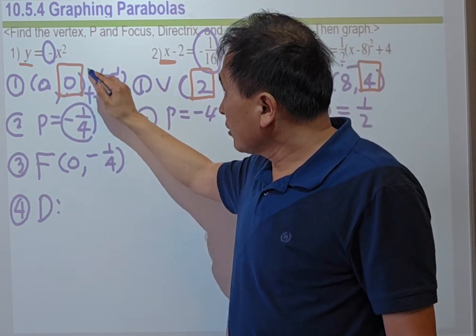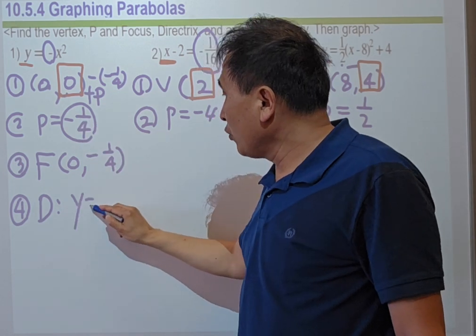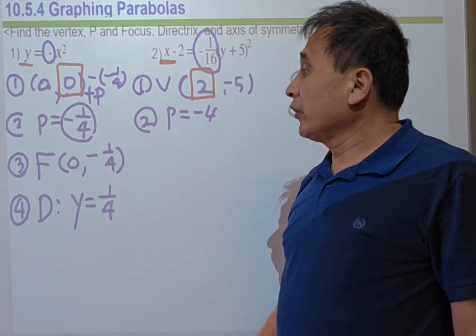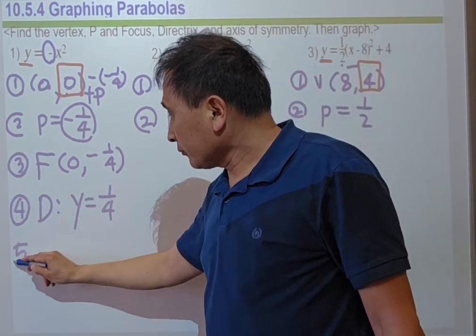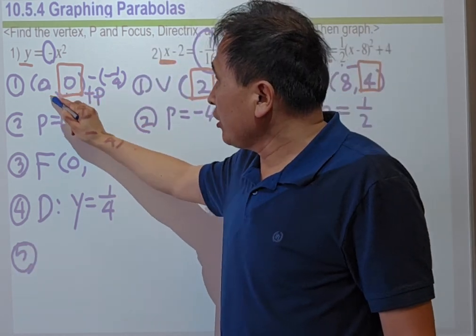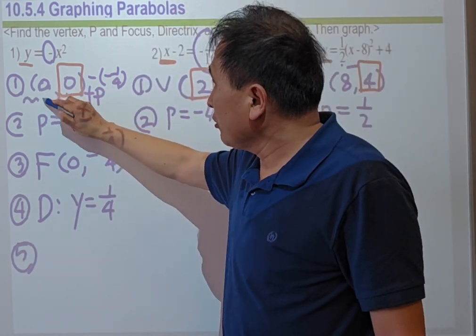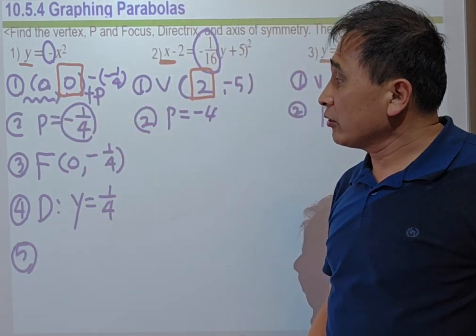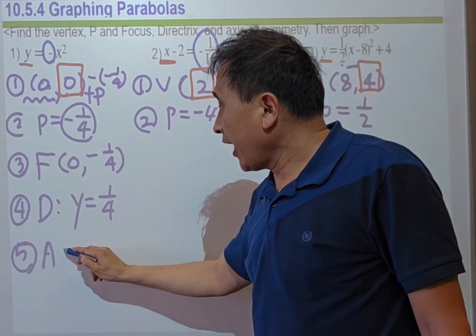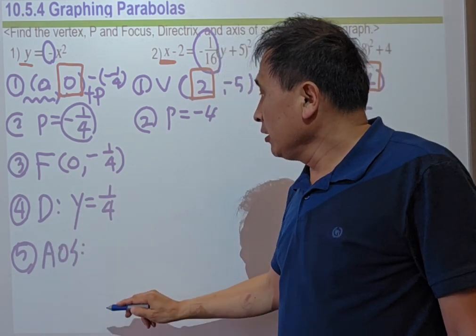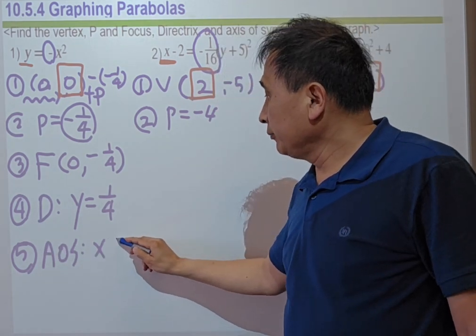That's a line, and this is the y value, so y equals 1/4. The leftover one, which you didn't touch, is x equals 0, and we call that the axis of symmetry, x equals 0.